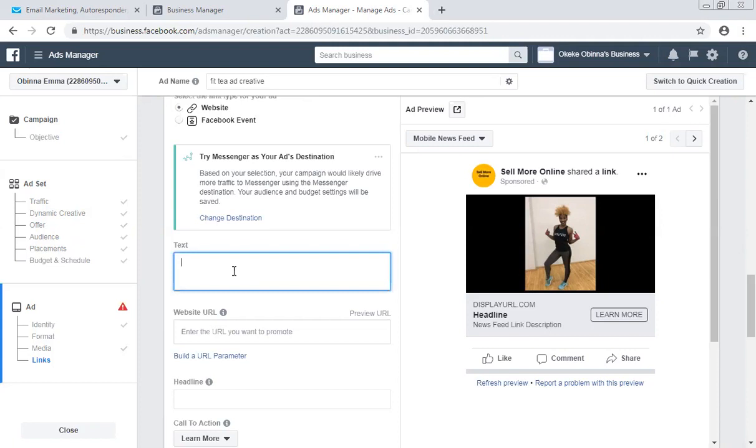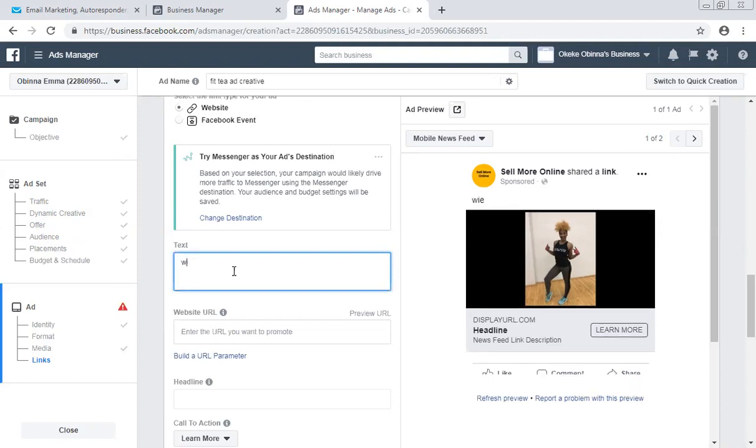So if I'm running a Facebook advert, just as I'm showing here, my test, I can tell a story of how I discovered this product. I can come from different angles depending on who my targeted audience is. So with Facebook, don't just go and write, buy this product to lose weight.